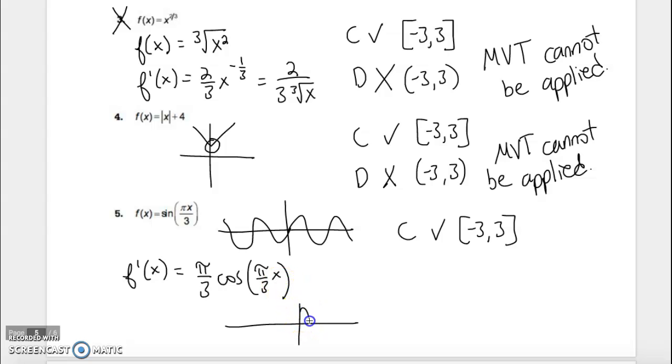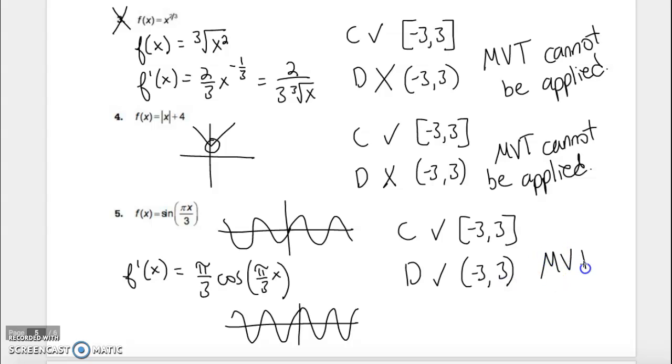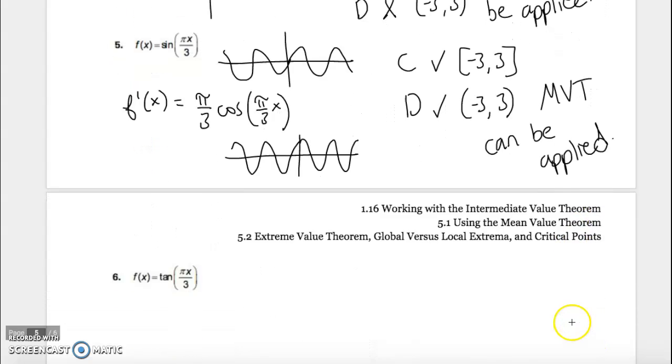So a cosine function would be continuous, which would mean that the derivative of this function would in fact work from -3 to 3. So we found our first one where our MVT can be applied. Awesome.